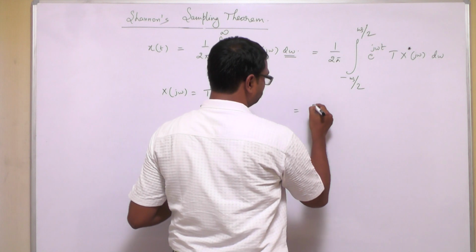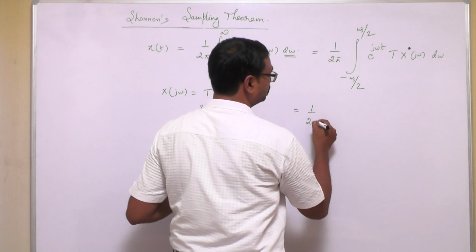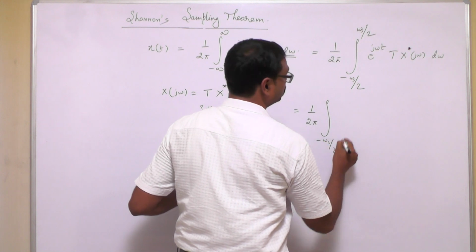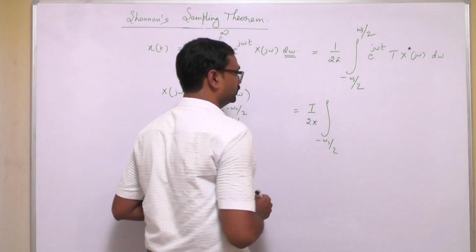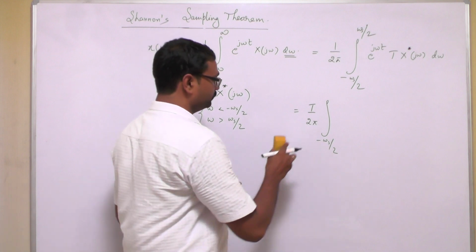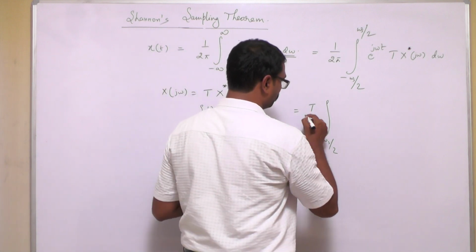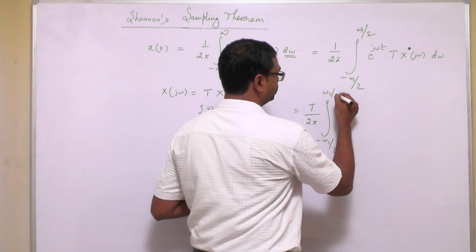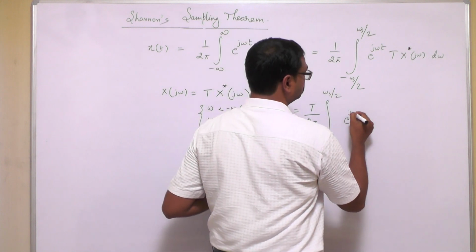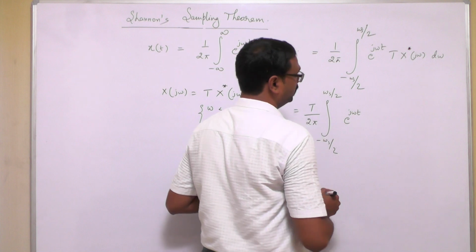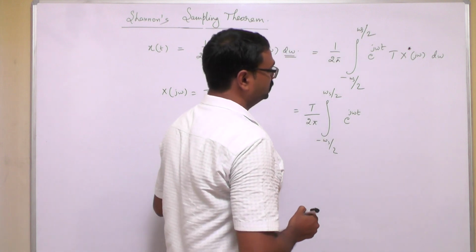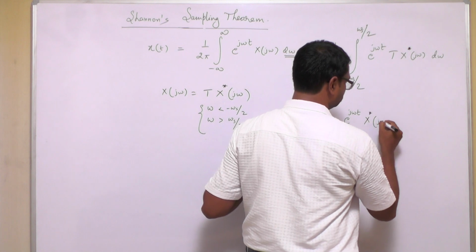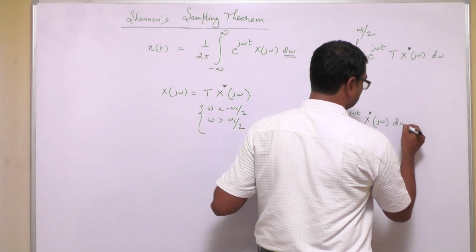Which is nothing but 1 by 2 pi integral over minus omega s by 2 to omega s by 2, and T can be taken out. It can be written as T by 2 pi, integral from minus omega s by 2 to omega s by 2 e power j omega t x star of j omega d omega.